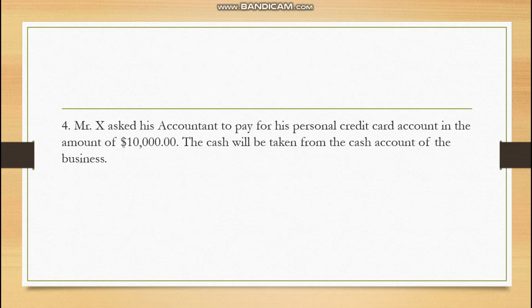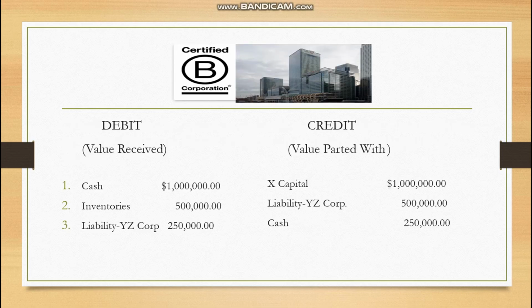This time, Mr. X asked his accountant to pay for his personal credit card account in the amount of $10,000. The cash will be taken from the cash account of the business. Well, as I said, the business entity principle dictates that the owner's personal affairs are different from the affairs of the business. So the accountant should record a withdrawal from the owner's contribution or owner's capital.